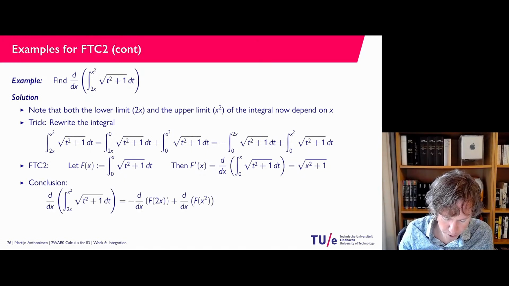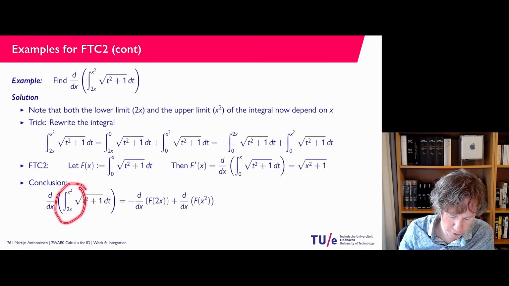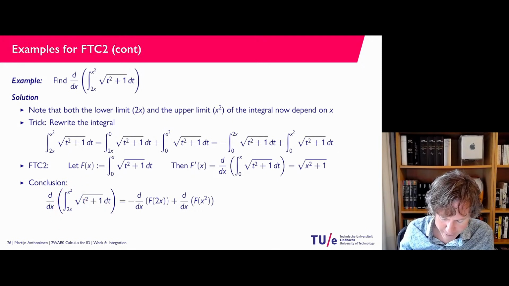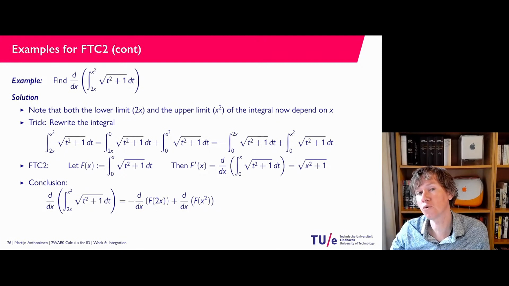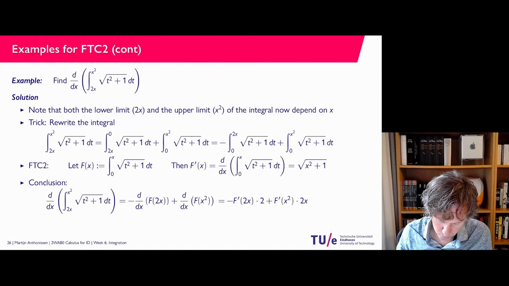So what you can do is say, well, basically the integral that is originally being asked, so with these limits, I can write that as this thing plus this thing, which I can now write using this capital F function. If I differentiate capital F of 2x, then I find the f prime of 2x, and with the chain rule an additional 2.